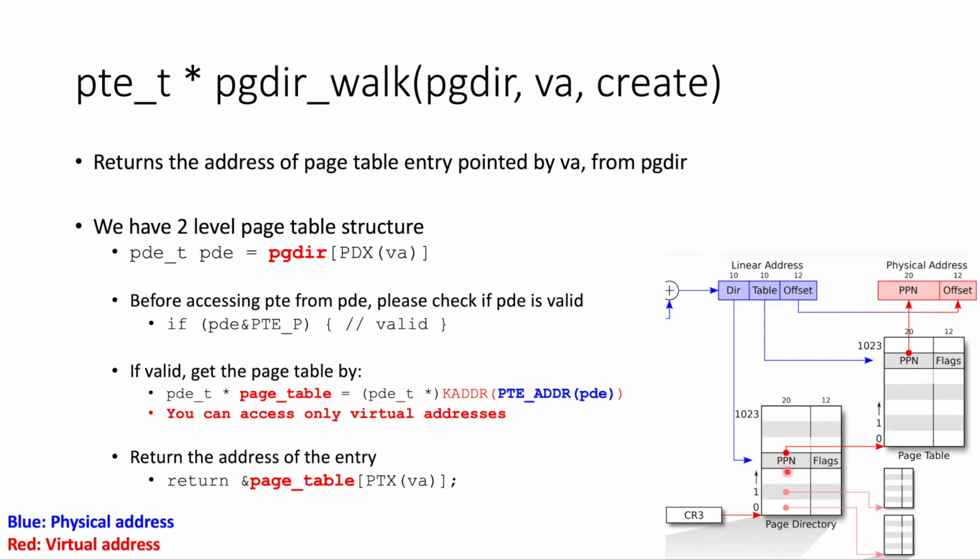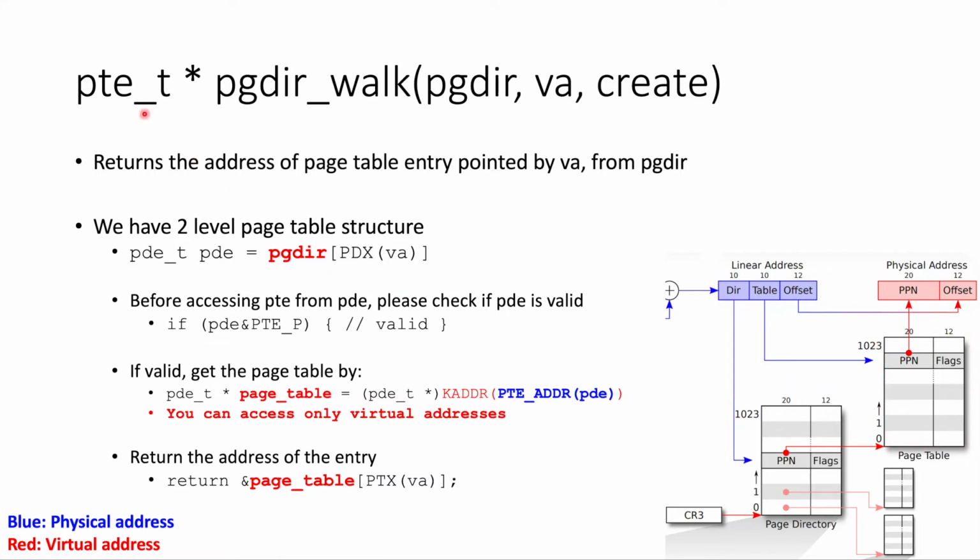Because we cannot access a physical address directly, we need to convert this physical address, which is why it is marked in blue. We need to convert this physical address into a kernel virtual address using the macro KADDR. Then we can store this address as a pte_t pointer, the page table. Now we have this table.